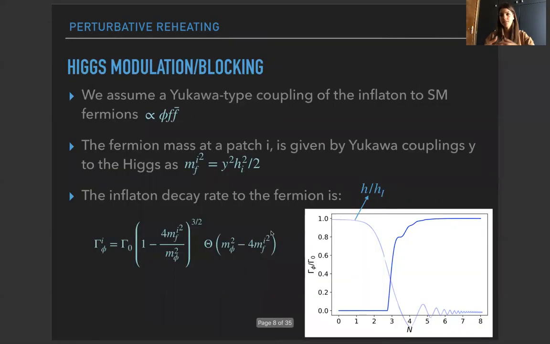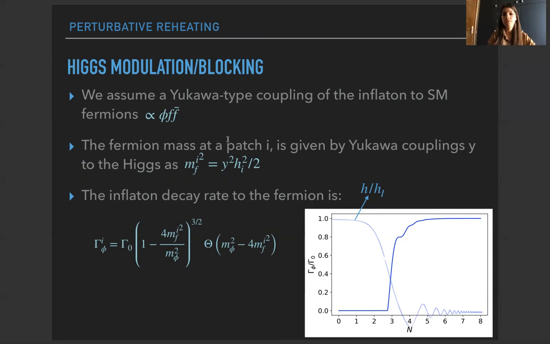So why is this important for the period of reheating? Why are Higgs dynamics during inflation important for reheating? And the answer to that is that during reheating, as I said, the inflaton has to decay to standard model particles. And if those particles are fermions, for instance, then these fermions will be acquiring their masses from Yukawa couplings to the Higgs.